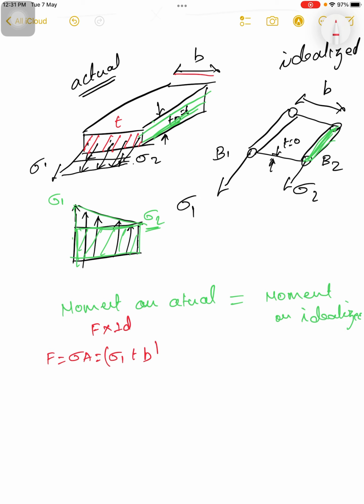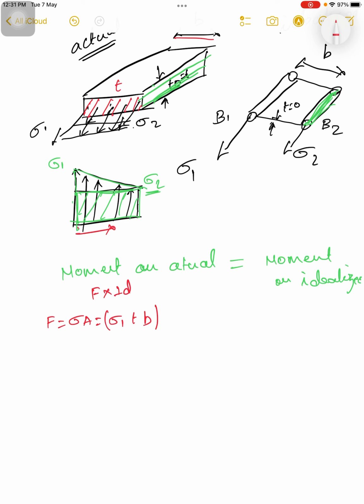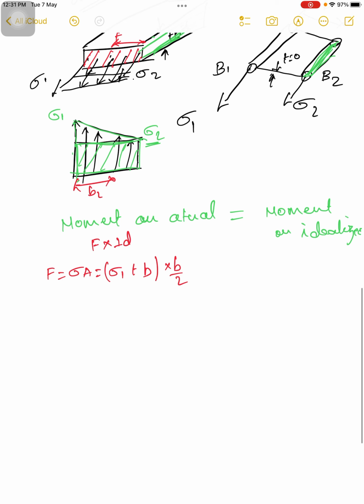So this is our force. The force is concentrated on this rectangle, so it will be at a distance B by 2, from here to here. So it will be into B by 2. This is the moment for the rectangle.